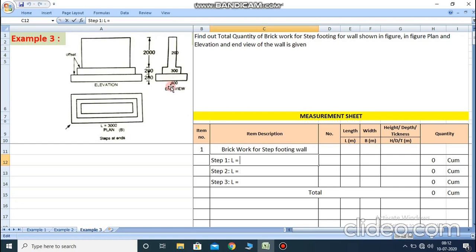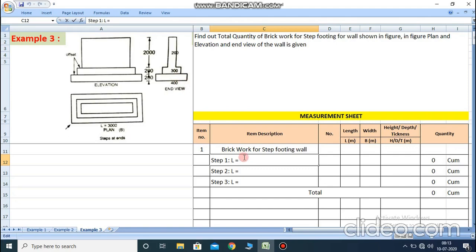So the difference between step 1 and the wall is 200 mm. How to calculate it? 400 minus 200, so 200 mm is the total offset length. The offset length is 100 mm from the right side and 100 mm for the left side. Similarly, 100 mm is divided into 2 parts, 50 mm and 50 mm.